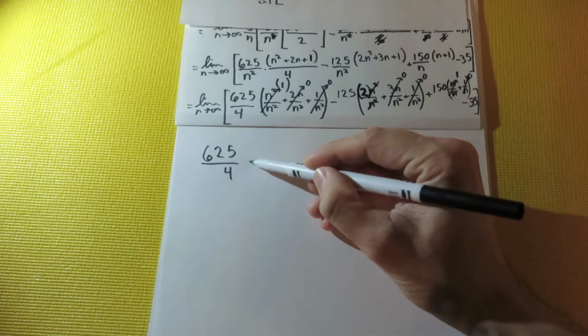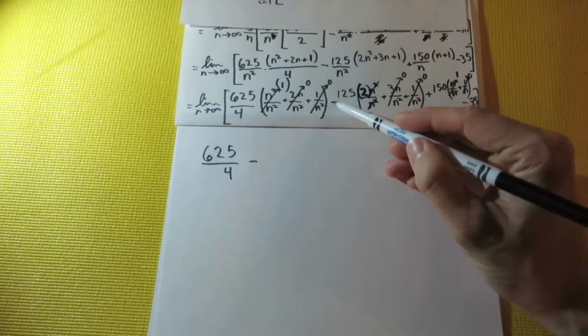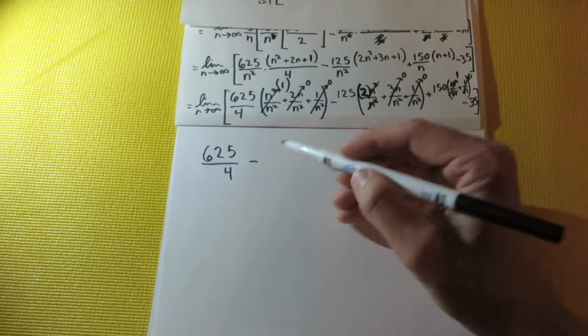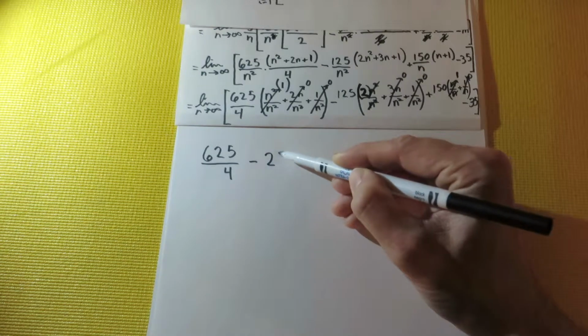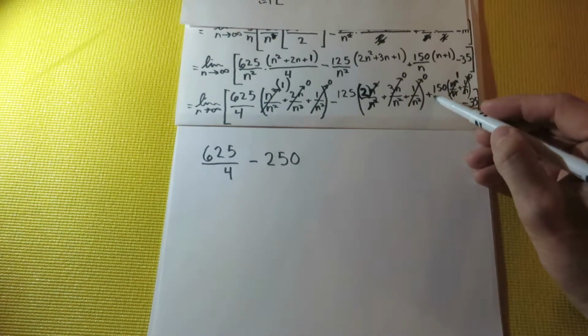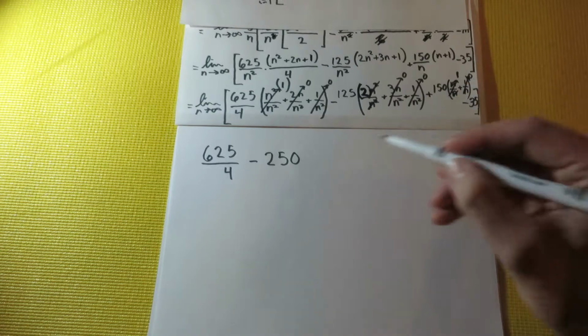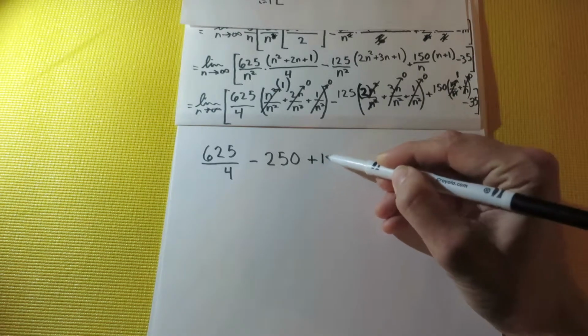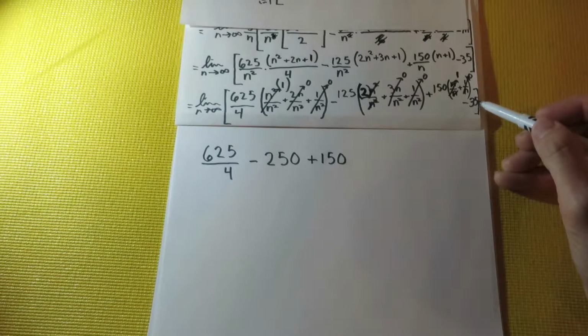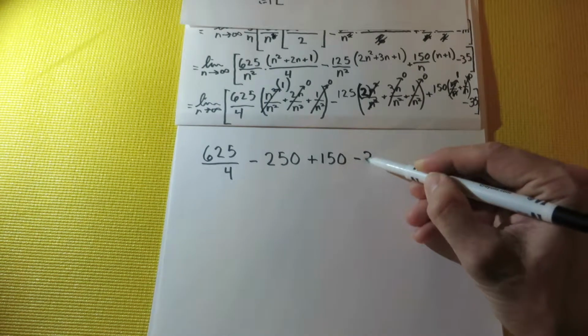And then we have negative 125 times 2 here, which is going to give us minus 250. Here we have a positive 150 times 1. And then we have our minus 35 here.